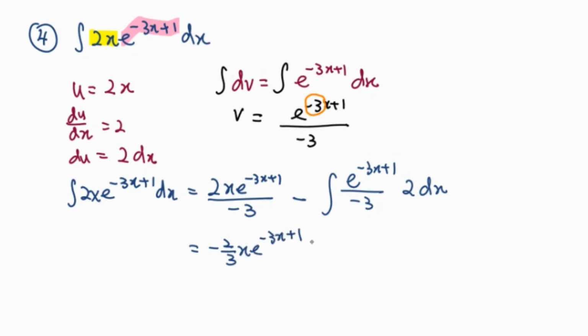So notice that when we apply integration by parts, from a question that is very hard, that we cannot integrate, we become a question that is very simple, that we can integrate just by formula. For this part, we can factorize out 2 over negative 3. It will become positive 2 over 3. We just integrate e^(-3x+1) dx.